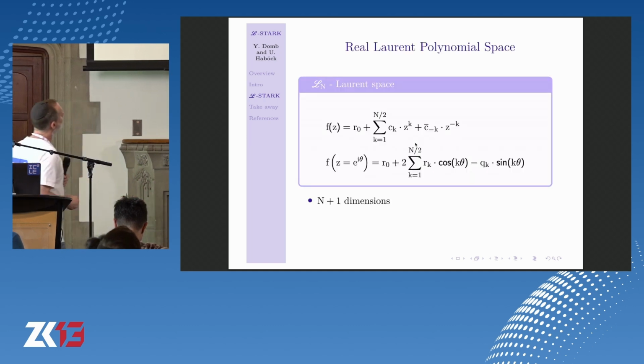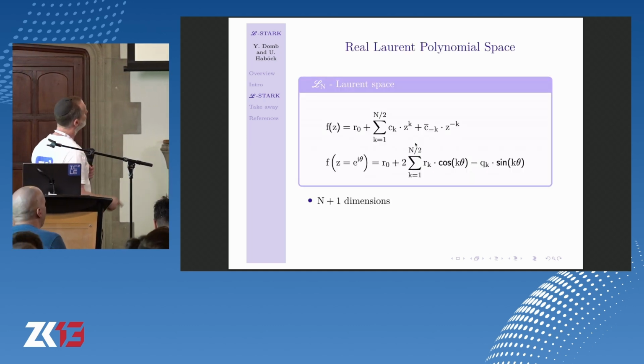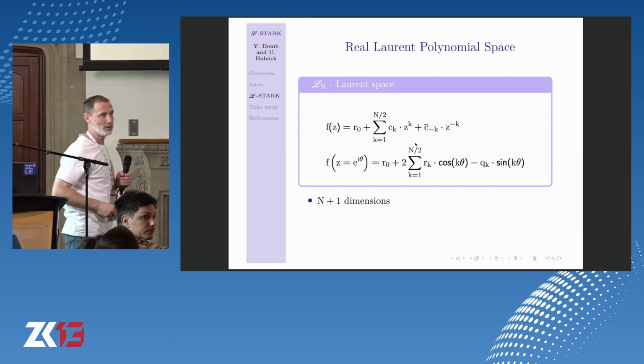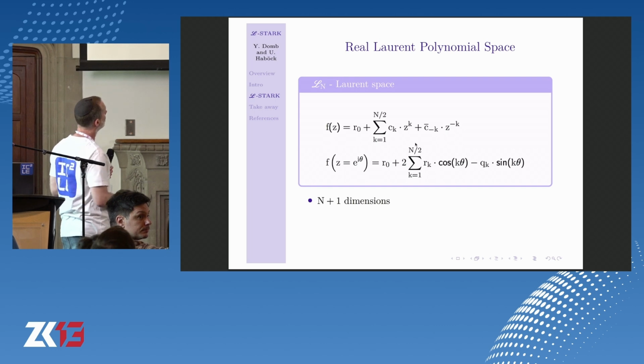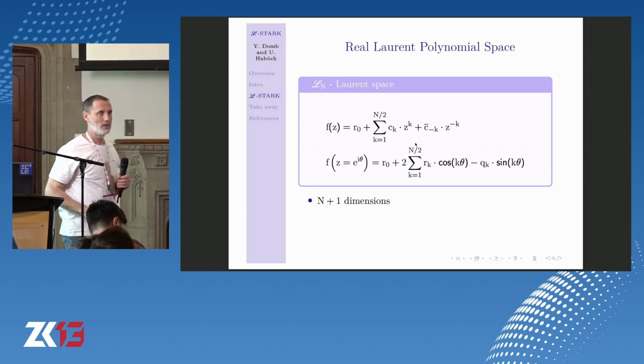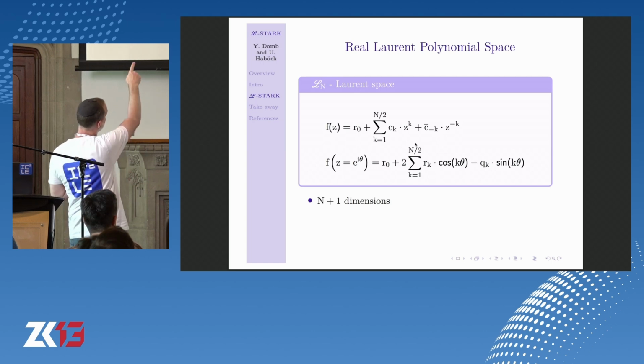So if we look at these two polynomials, they're the same. The first one is basically just a Laurent polynomial of degree n, okay? And we take coefficients that are conjugate symmetric. The middle coefficient is real.